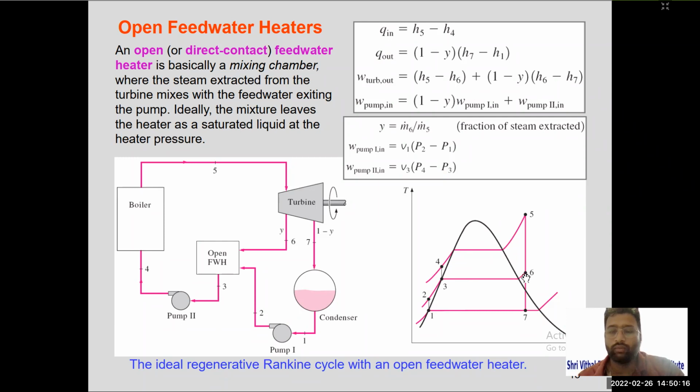Again, the remaining steam, that is 1 minus y, is expanded fully at point number 7. 7 is the entry to the condenser. 7 to 1, condensation takes place, steam is converted into water. Okay, so this way the cycle will be completed.